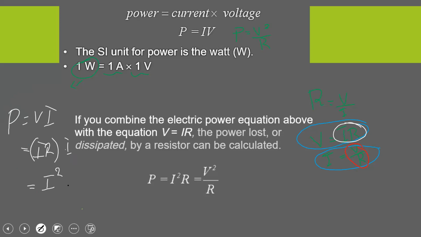I squared R. This is another formula also to find the power. So the third formula here is P equals I squared R.